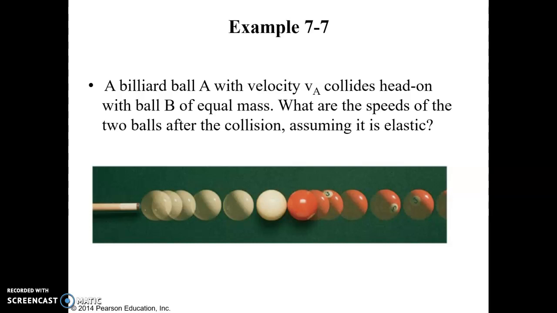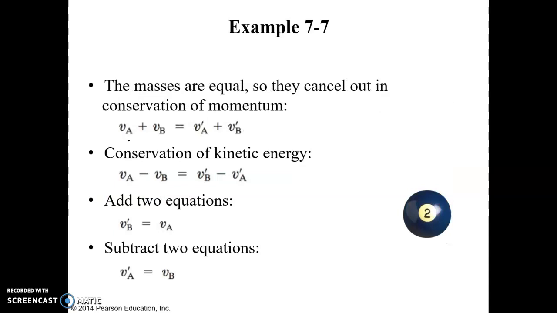Let's look at an example problem. Hopefully I can get this done before my 15 minutes are up. We have a billiard ball A with velocity A that is going to collide head-on with a ball B of equal mass. What are the speeds of the two balls after the collision, assuming that it is elastic? This first line is basically stating the conservation of momentum for a head-on collision.